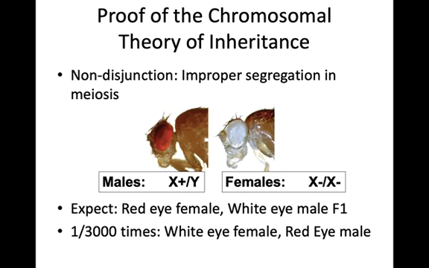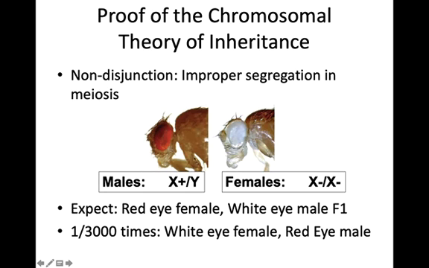Meiotic non-disjunction occurs when the chromosomes do not segregate properly in meiosis. Now, we've already said that for a particular pattern of sex chromosomes, in this case males being wild type and females being mutant, you can walk through the Punnett square.